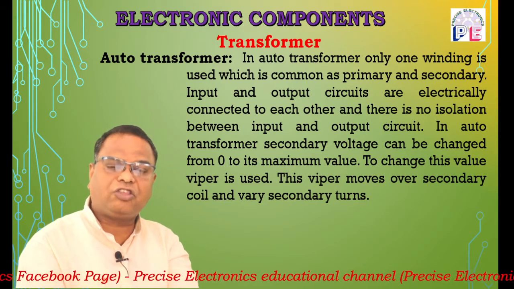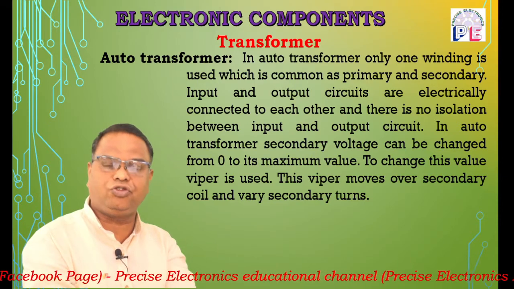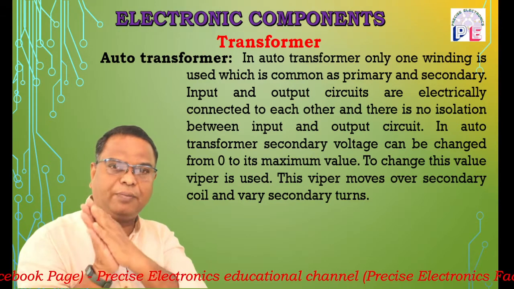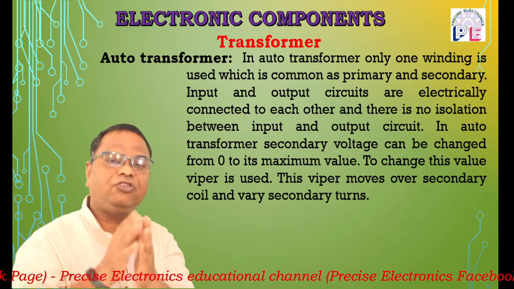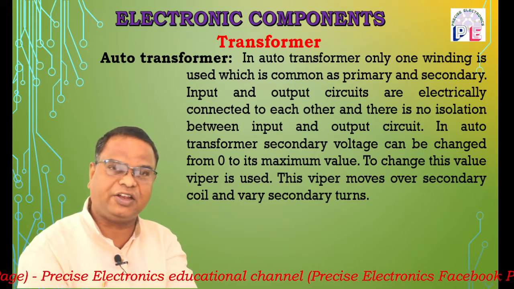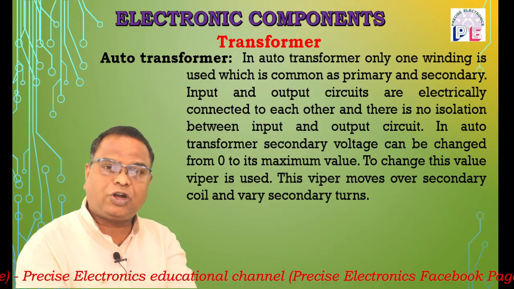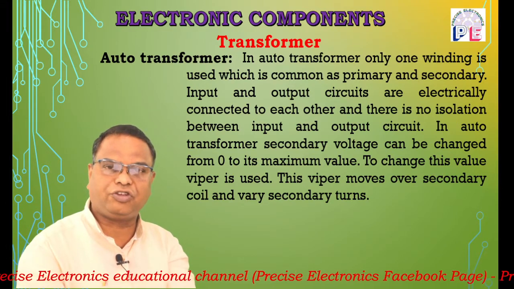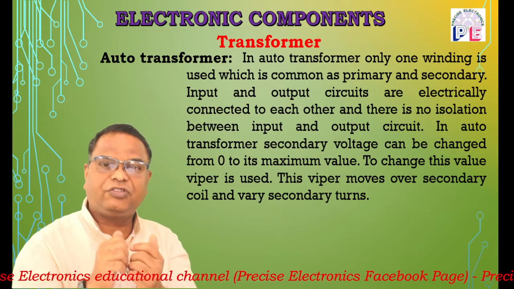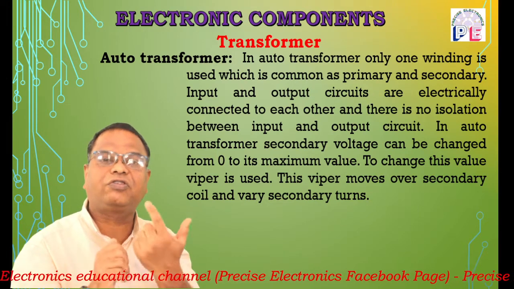In the case of an auto transformer, only one winding is used. There are no separate primary and secondary. A single winding is used as the primary and also as the secondary. The secondary potential is more than the primary potential, so there are more turns in the secondary part.